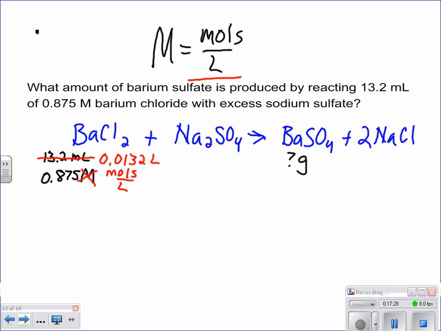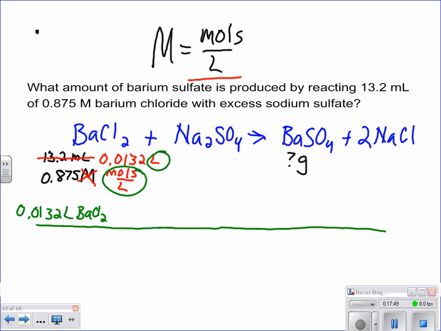So I'm going to have to start with one of these numbers. Do I want to start with 1 unit or 2 units? 1 unit, right. So we're going to start with 0.0132 liters, and this is barium chloride that we're starting with. I want my liters to cancel, so I'm going to put liters down at the bottom.